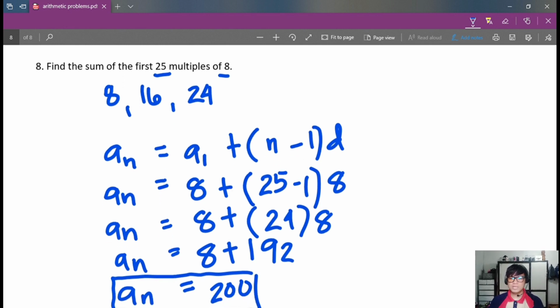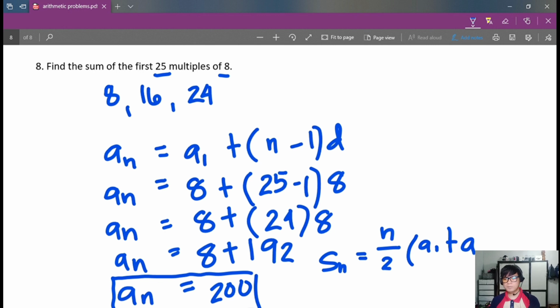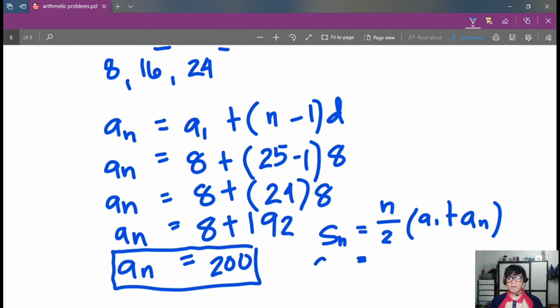So, using the formula for finding the sum of an arithmetic sequence, S sub n is n divided by 2 times a sub 1 plus a sub n. So, the sum of the first 25 terms is equal to 25 over 2 times the first term, 8, plus 200.